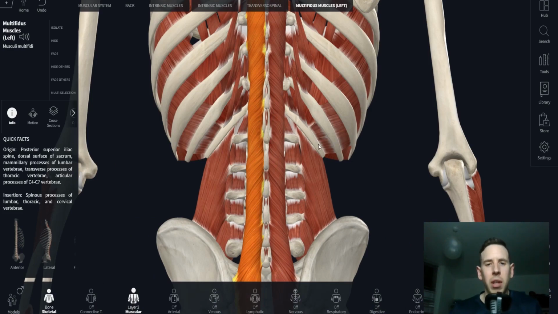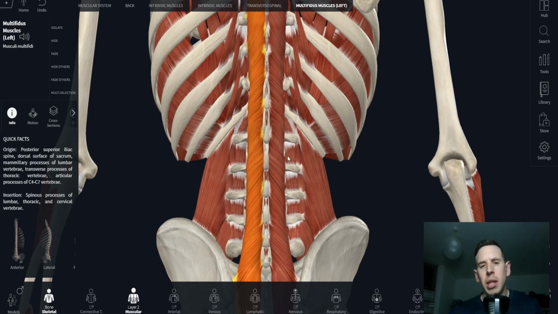Now, the multifidus is a muscle that has been shown, particularly in patients with chronic or long-term lower back pain, to be atrophied, or smaller, essentially wasted, compared to pain-free controls, people who don't have chronic lower back pain.